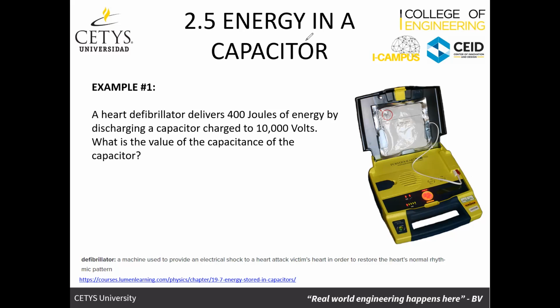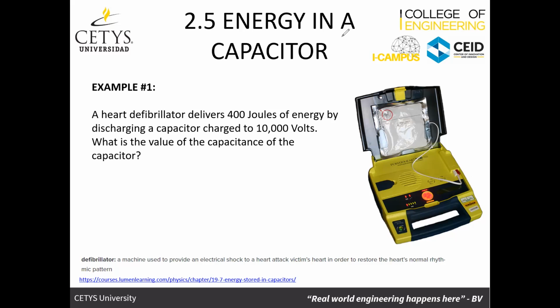When we're talking about energy, U is usually used to represent energy. Is it also used as a unit for joules? No, joules is a unit for energy. Work is force times distance.